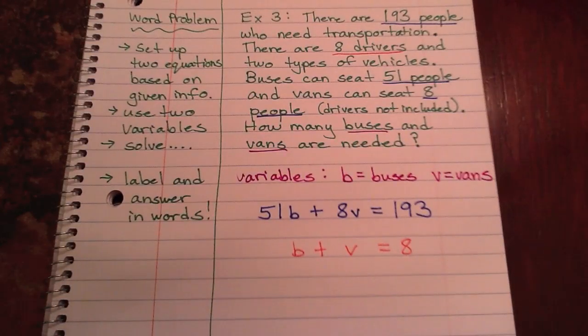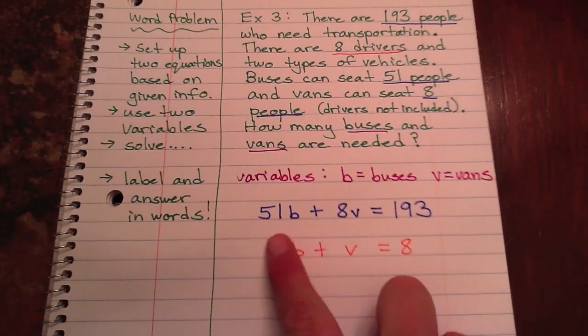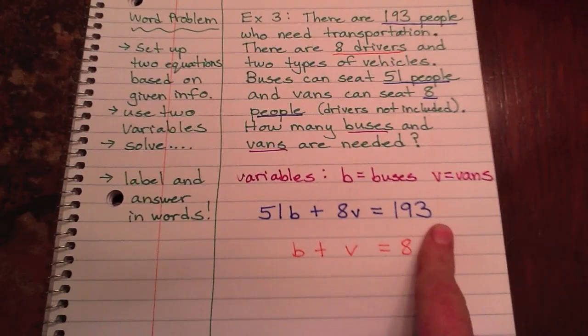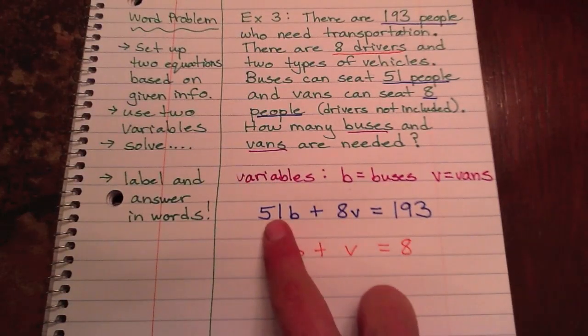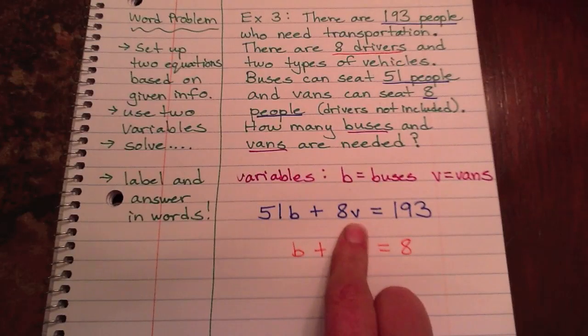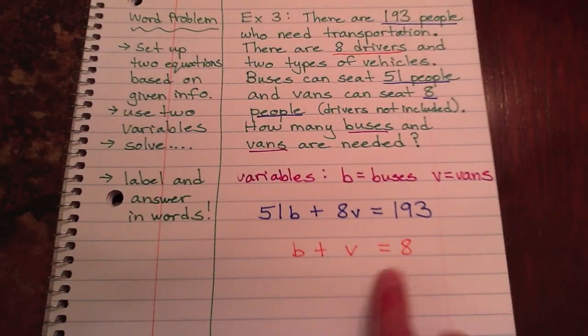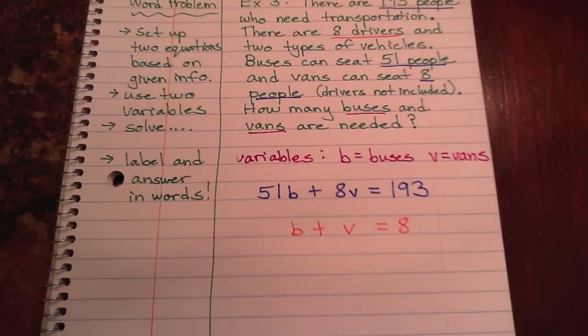Now I have to go through substitution to go ahead and solve and find out how many vans and buses I need. Notice this first equation is in standard form, no isolated variable, and there's coefficients in both of them. This is the equation that looks much easier to go ahead and isolate one of the variables. Completely up to you which one you want to isolate.